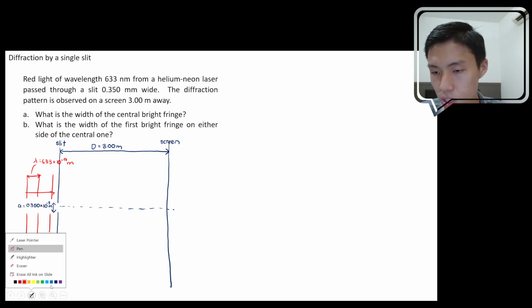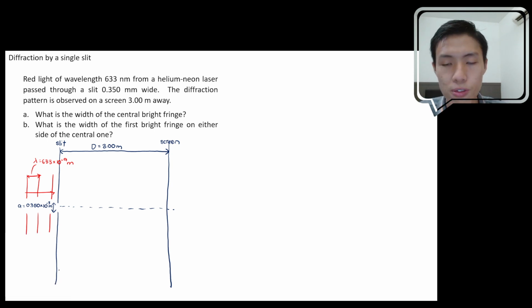You need to be very careful when you sketch the interference pattern and also the diffraction pattern, because they are quite different from each other. Let me sketch first, then afterwards we'll talk about it.